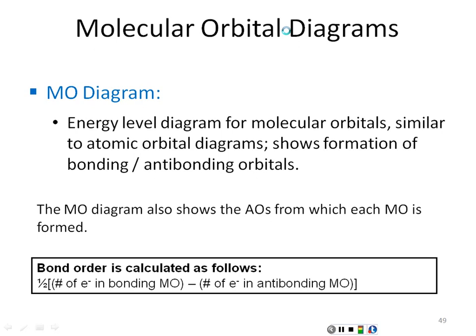And an important concept in molecular orbital theory is bond order. This is how you calculate bond order: it's 1/2 times the quantity of the number of electrons in bonding molecular orbitals minus the number of electrons in anti-bonding molecular orbitals.